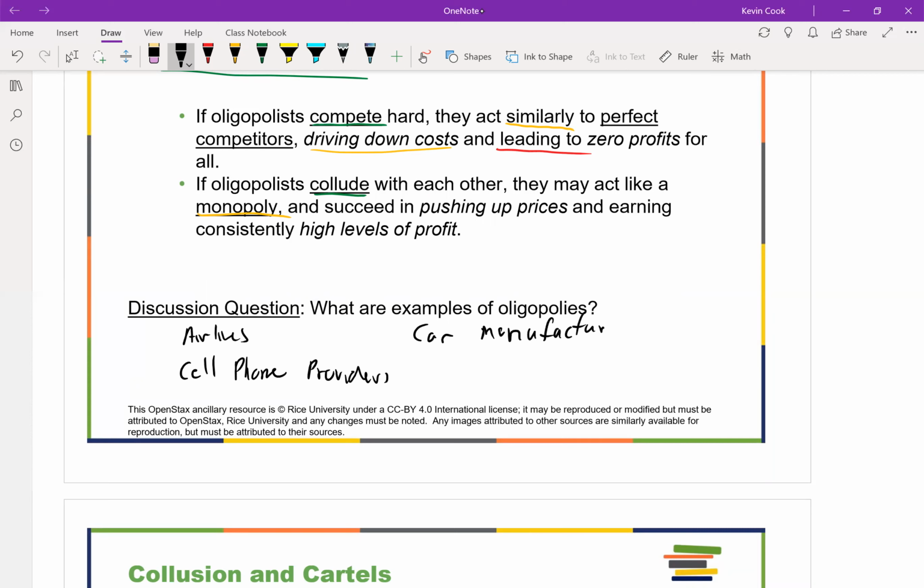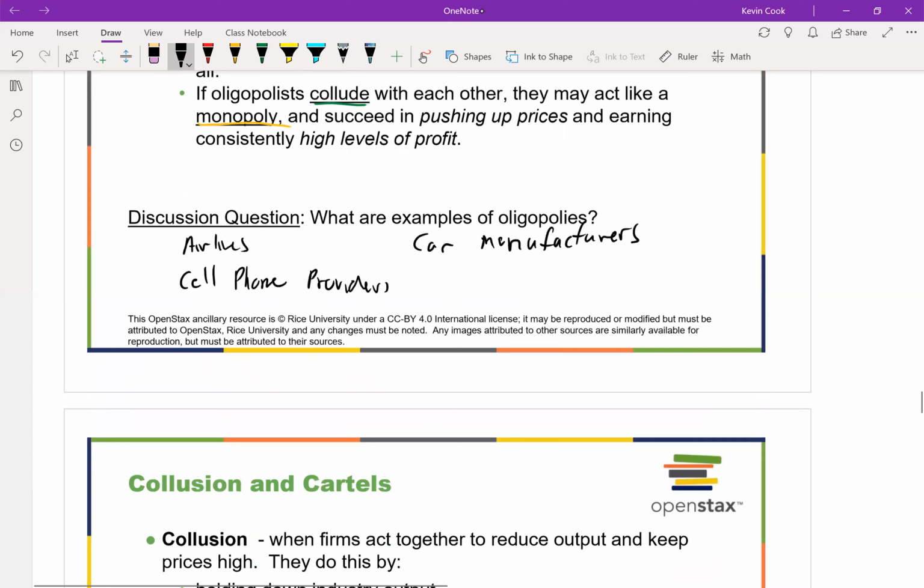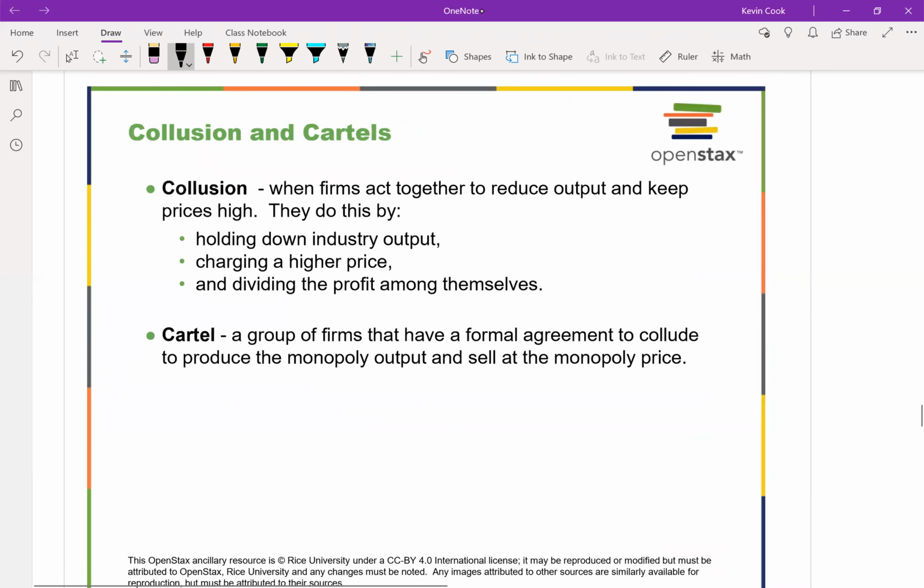Whatever makes us happy, we can say. But those are a few examples that we may see. So when we get into collusion, and this is a fun part, it has a pretty relevant implication to what's going on right now with gas prices. Well, there's always collusion with gas prices, but you'll see when we get there.